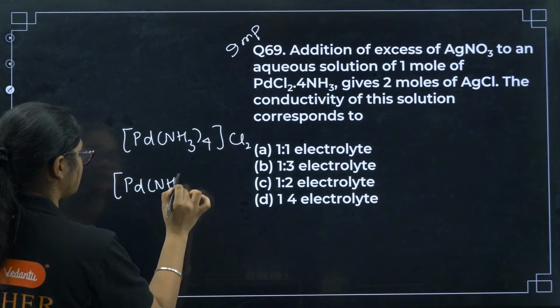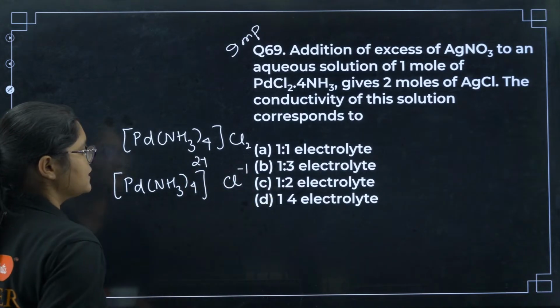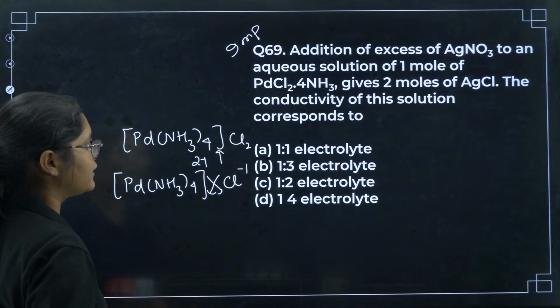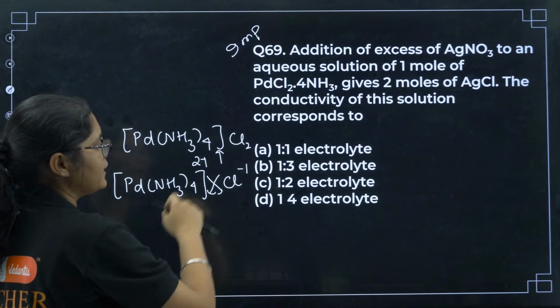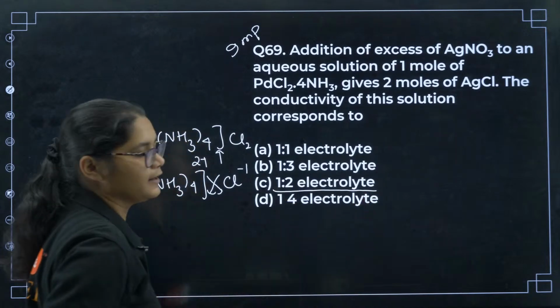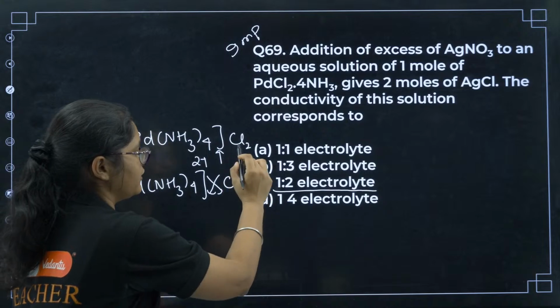This must be in this form. See, 2 plus and Cl minus. After the crisscross, we will get this compound. So the electrolyte is such that you will get 1 cation and 2 anions, right? So it is a 1:2 type electrolyte. 1 cation plus 2 anions.